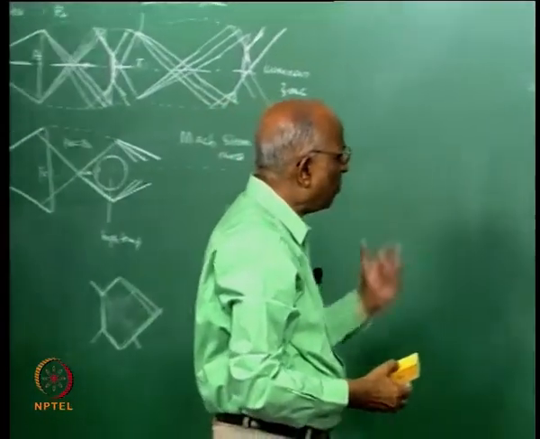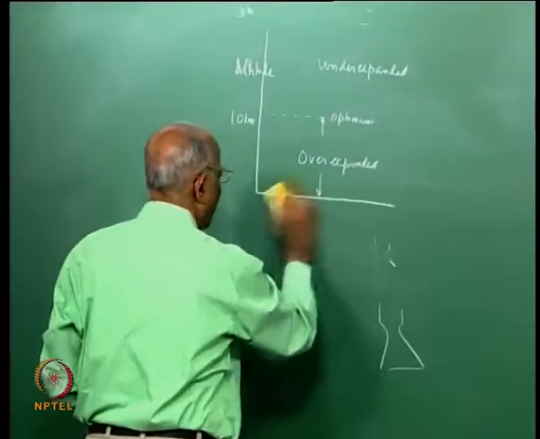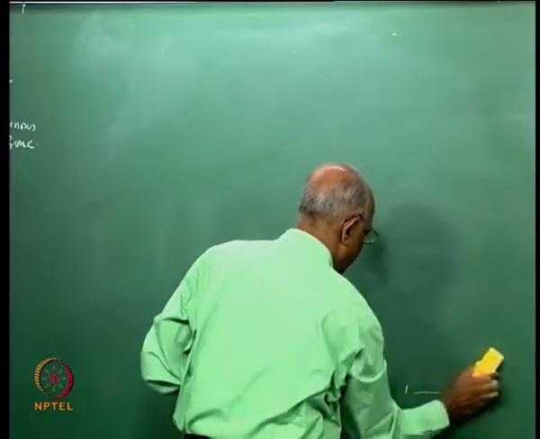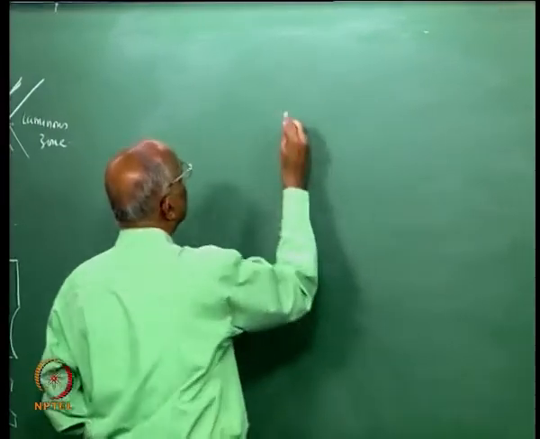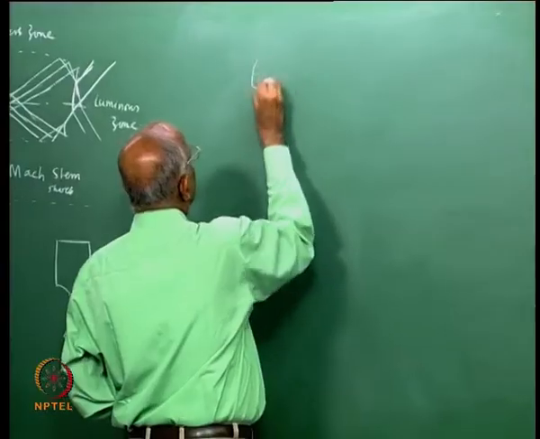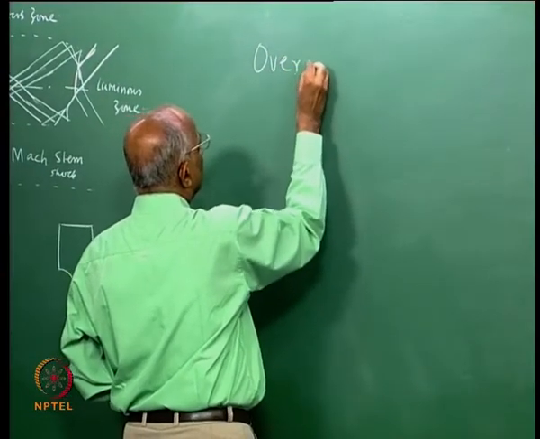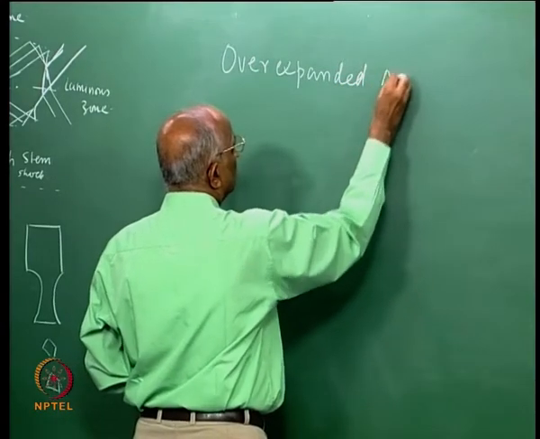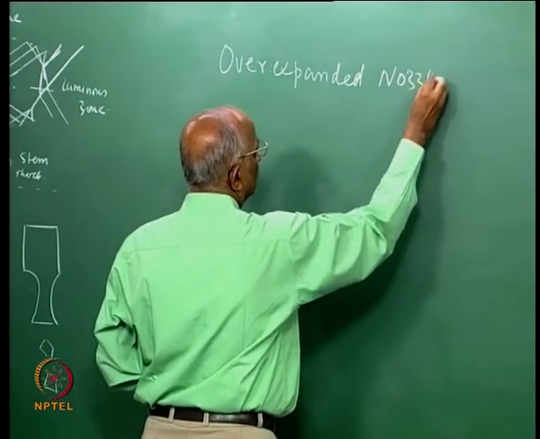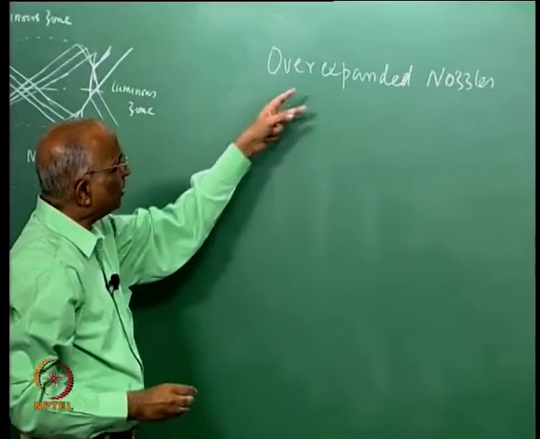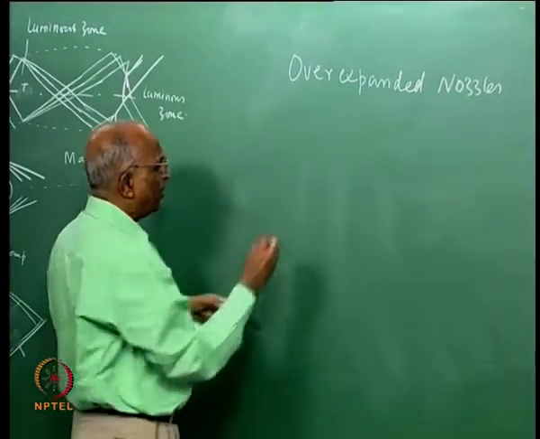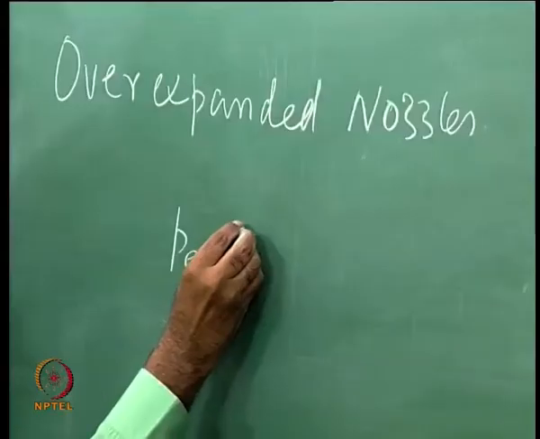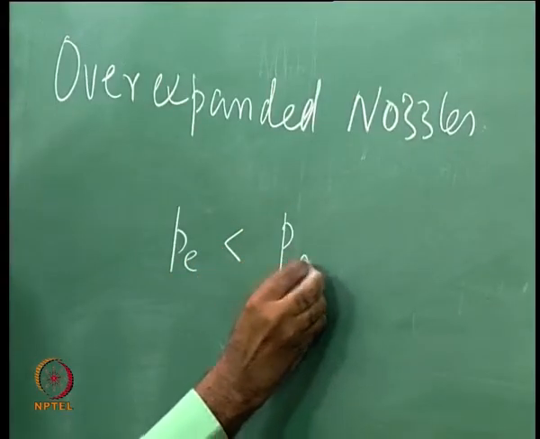I think something more we must remember while we are talking of underexpanded and overexpanded nozzles. We told ourselves that a nozzle overexpands, that means PE is less than the value of PA, right.